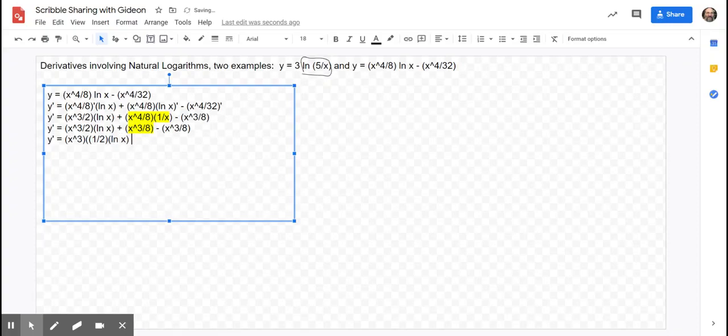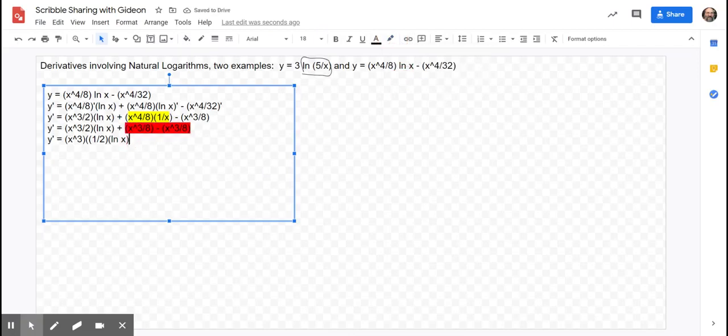You've got 1/8. Oh, that's cool. I could have just canceled the line before, right? These two terms are the same. Turns out that they're the same when they get reduced. So let me highlight that in red, and gone. And we just have the x cubed times 1/2 ln x.